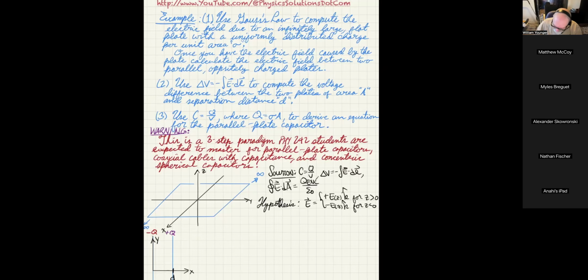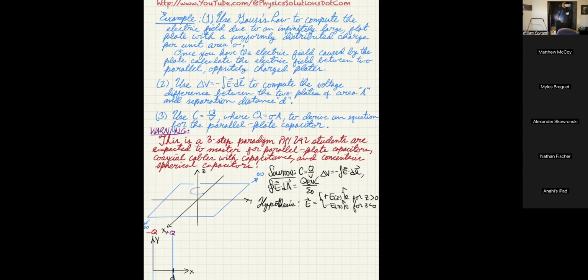So I think you can now guess what my actual Gaussian surface will be, and in fact I'm going to make it right here. It's going to be what we call a Gaussian pillbox, or what I call a Gaussian soup can. And I didn't like the way I drew that, so I'm going to try to do better.